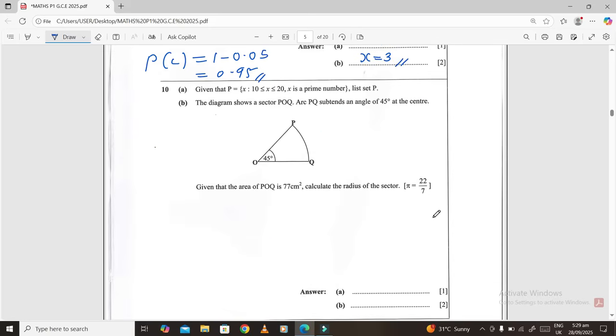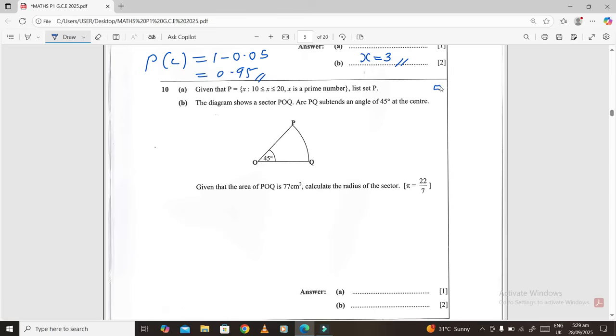Let's go to the next question, which is question 10. So here they've told us that P is equal to x such that 10 is less than or equal to x less than or equal to 20, x is a prime number. So we know that prime numbers are numbers where only two numbers go in.